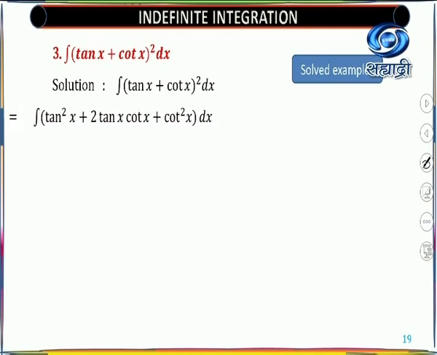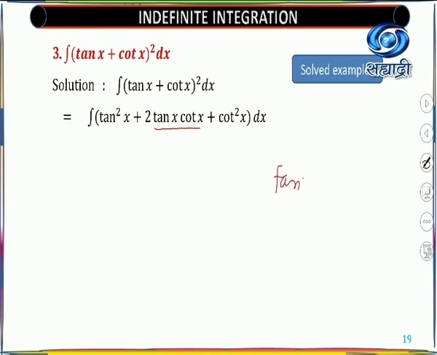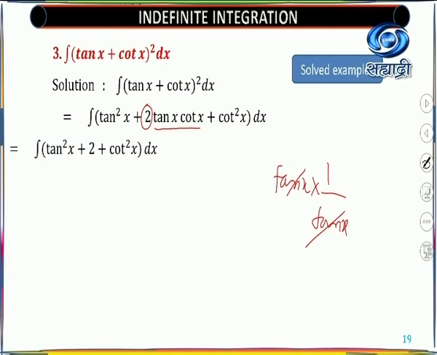But from both the sides you will get the same simplification. First we will square, you will get tan square x plus 2 tan x cot x plus cot square x dx. Now look at here this product, tan x cot x is what? Tan x is there, cot x is nothing but 1 upon tan x, reciprocal. So tan x will get cancelled, that means you are left with 2. That you will get in the next step.